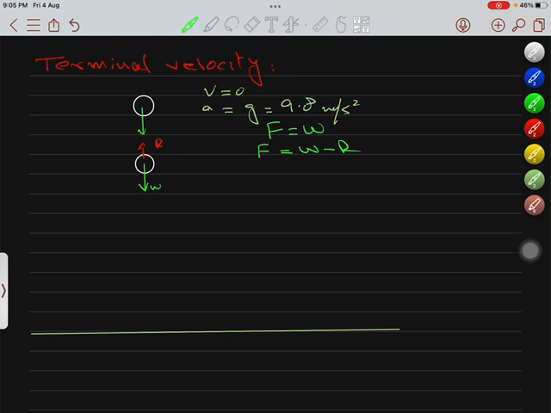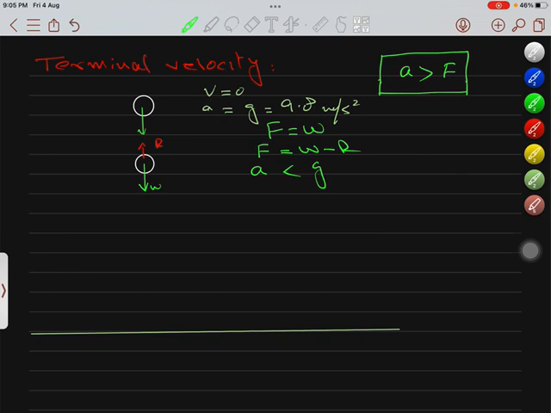So when two forces act in opposite directions, the net force can be found out by subtracting the two forces. Now since the net force is less, we can say that acceleration is also less. Remember that according to Newton's second law, acceleration is directly proportional to the net force. More the net force, more will be the acceleration. So since now the net force is reducing, the acceleration is as well.